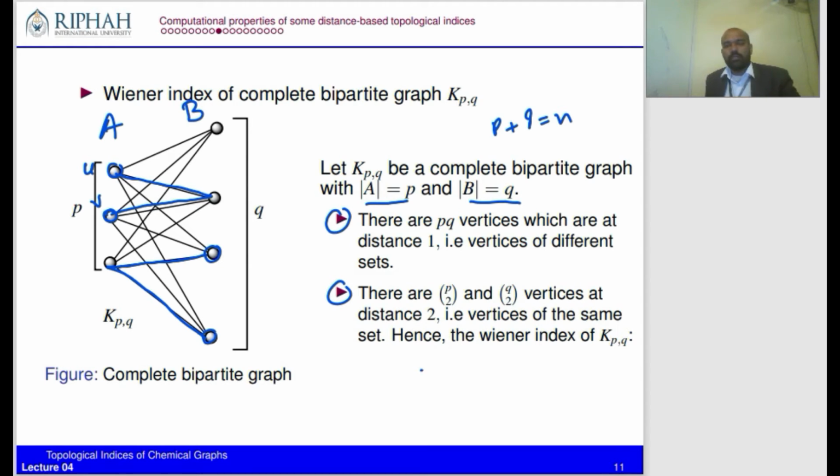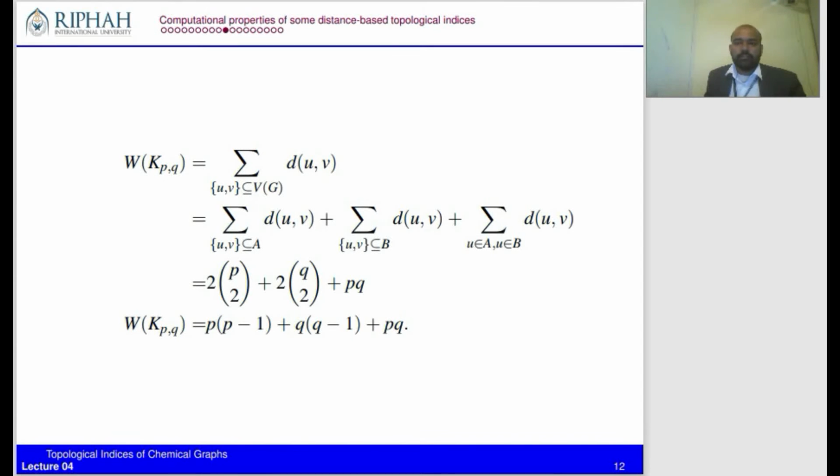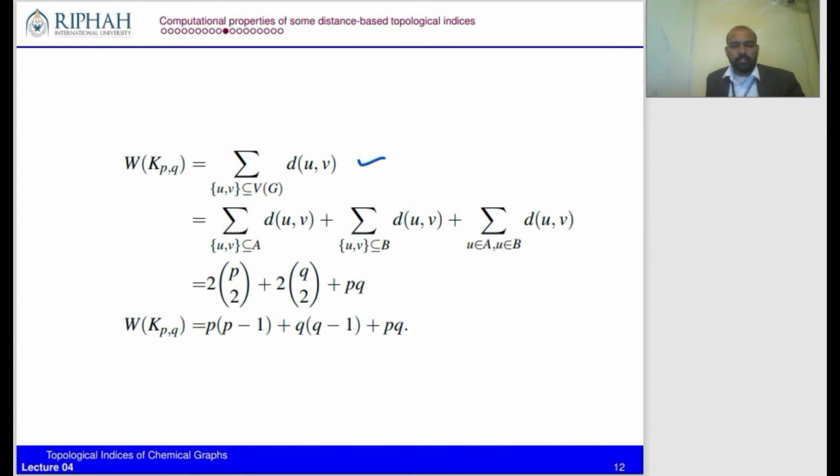We use this information in the definition of the Wiener index. Suppose the Wiener index of K_{P,Q} is equal to, this is the definition. We have three kinds of pairs here: both vertices from set A, both vertices from set B, and one vertex from A and one vertex from B. When both vertices are from the same set, the distance is 2, and the cardinality of A is P, so there are P choose 2 pairs. Similarly for B, the distance is 2 and the cardinality of B is Q, so Q choose 2 pairs.